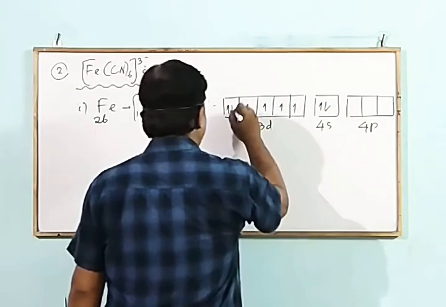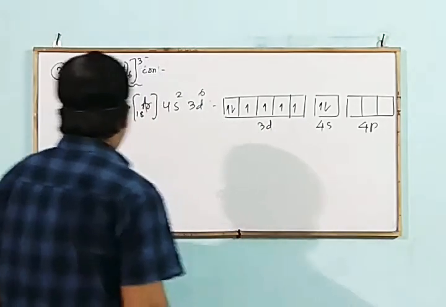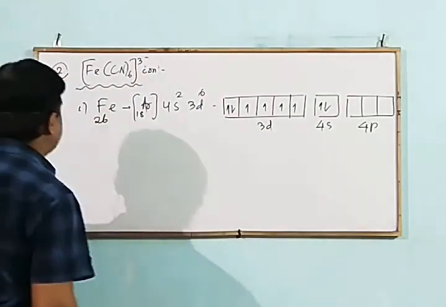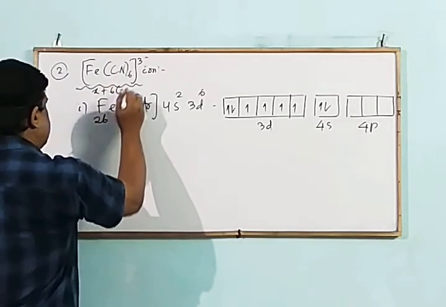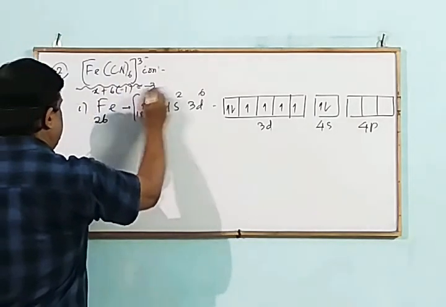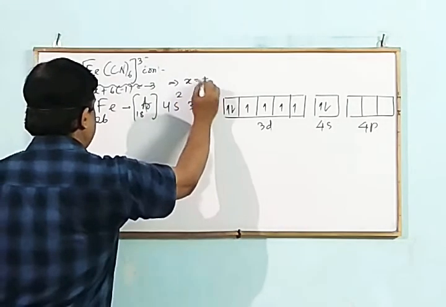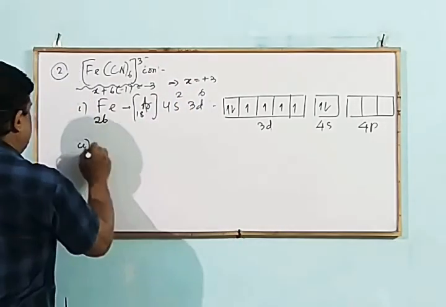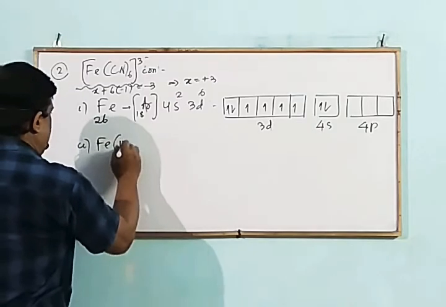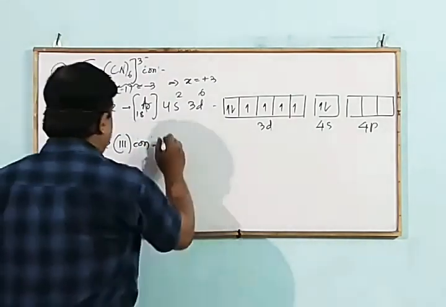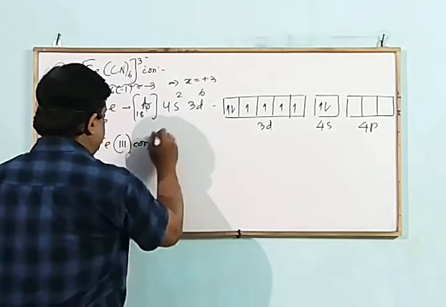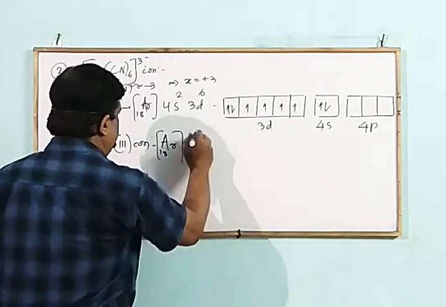Mark that. The oxidation state is not known, let it be x. x plus 6 into minus 1 is equal to minus 3. On solving, x is equal to plus 3. So iron is in plus 3 oxidation state, and its electronic configuration is argon 18 3d5.